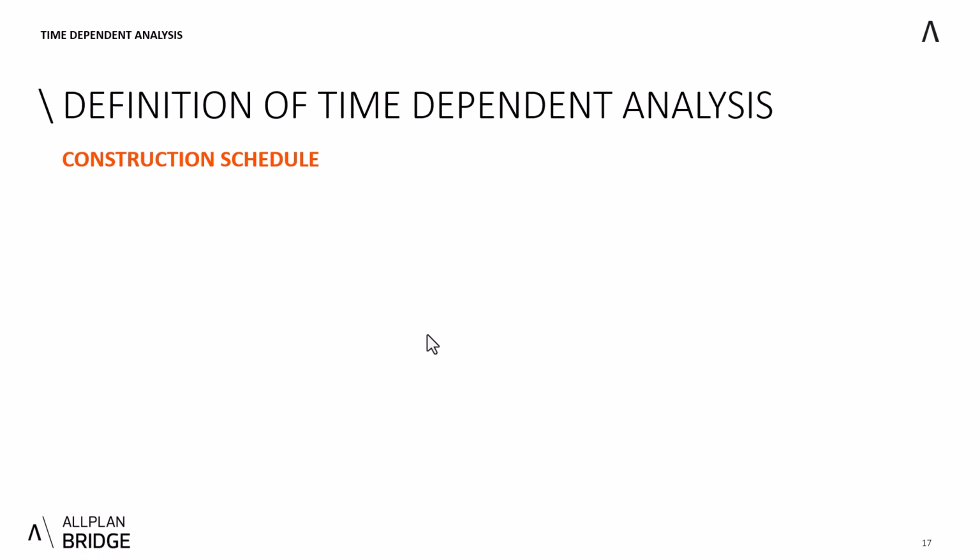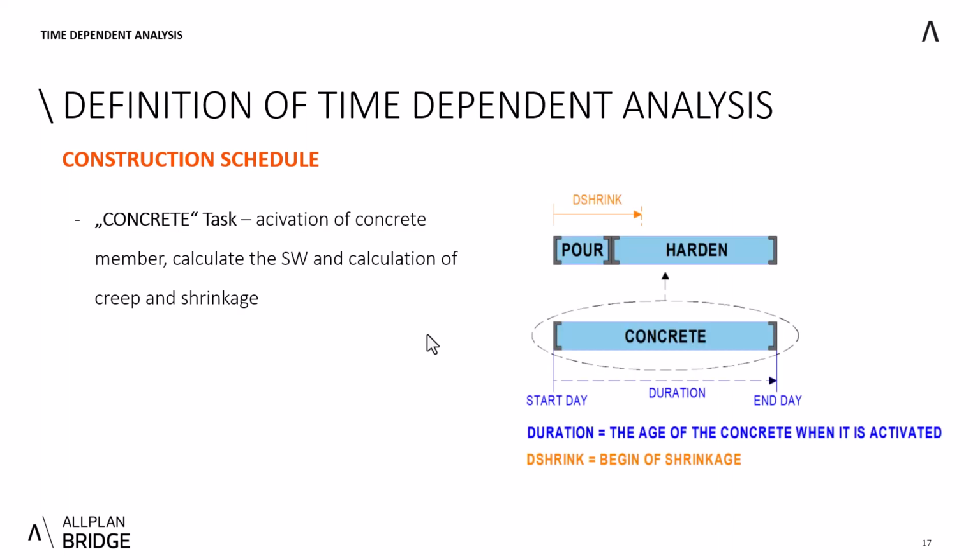What we will see in the construction schedule are 3 main tasks that we will be working with. So first of all, it's the concrete task, and this concrete task does the activation of concrete members, calculates the self-weight, and starts the calculation of creep and shrinkage. On the right side, you see a schematic representation of how this concrete task is set up.